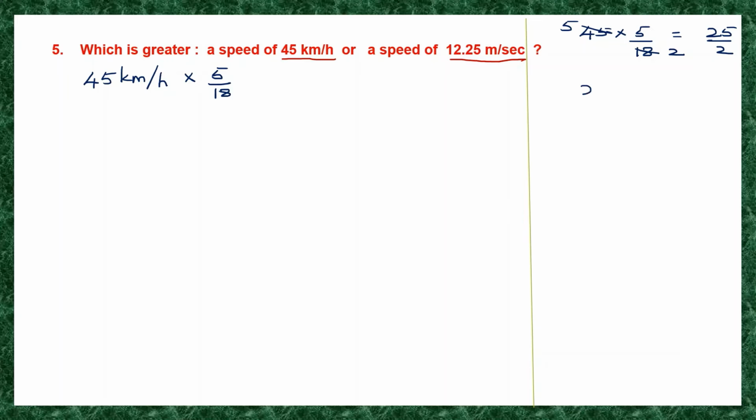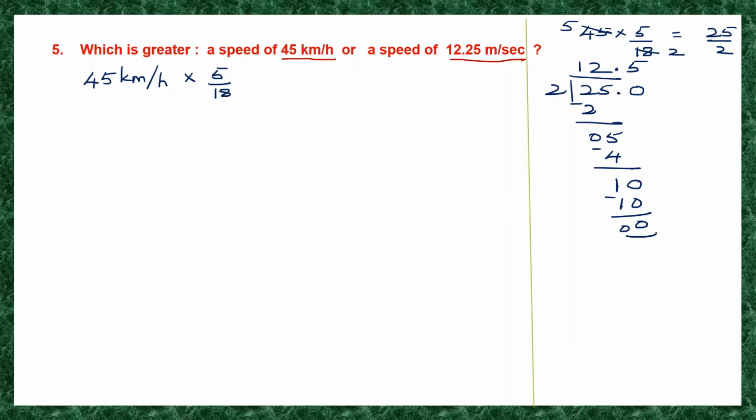Now let's divide that 25 by 2 and see what we get. 2 1s are 2 minus 5. 2 2s are 4 minus 1. I'm going to carry on with my division. I'll put a point here which I carry up and a 0. So now it's 10. 2 5s are 10. So now I've got 12.5.